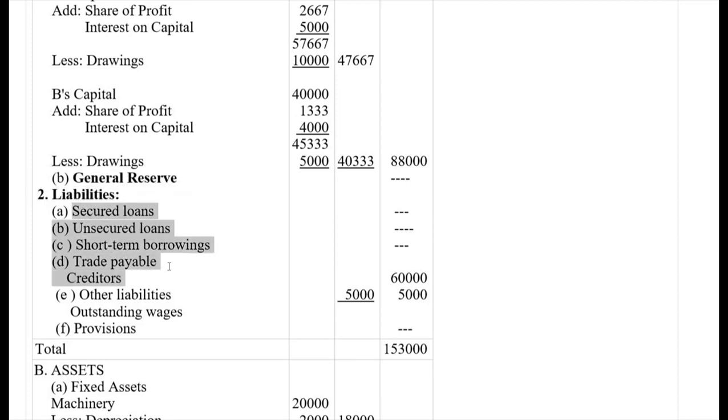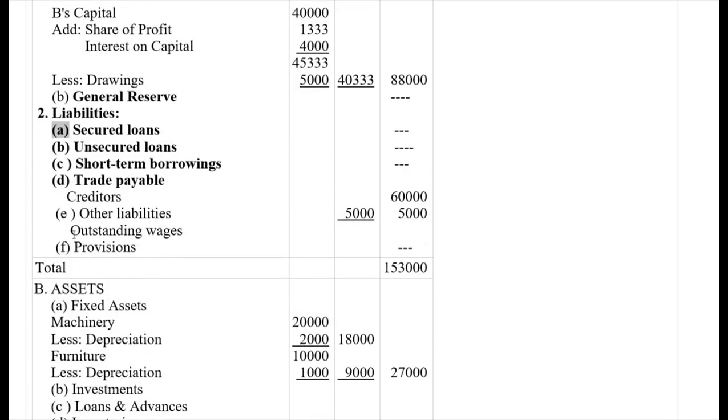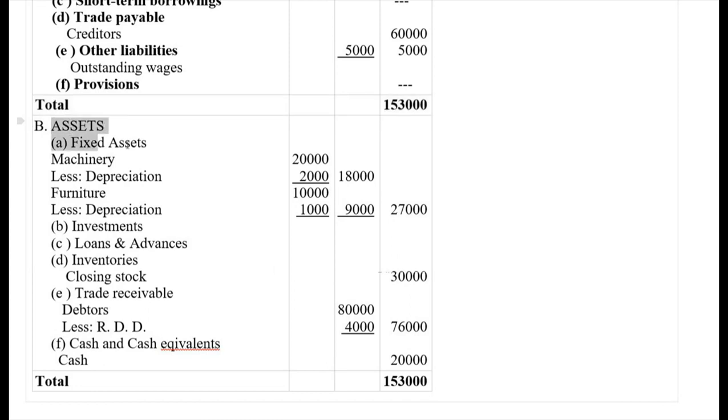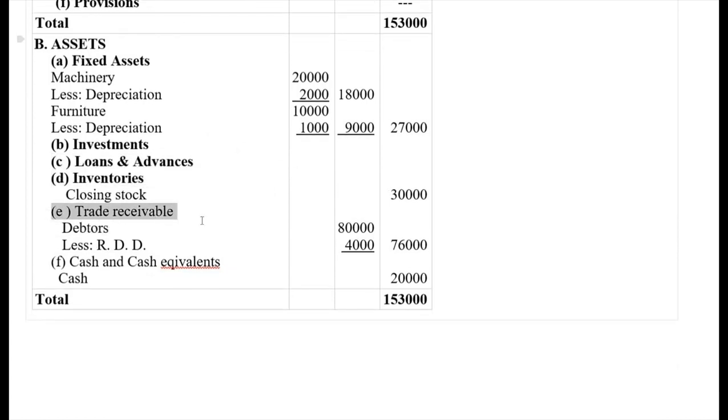Then secured loans, trade payables, other liabilities, then here it is provisions. So this is the total of the liability side. Then the next one comes here, assets, investments, then here inventories, then trade receivables.